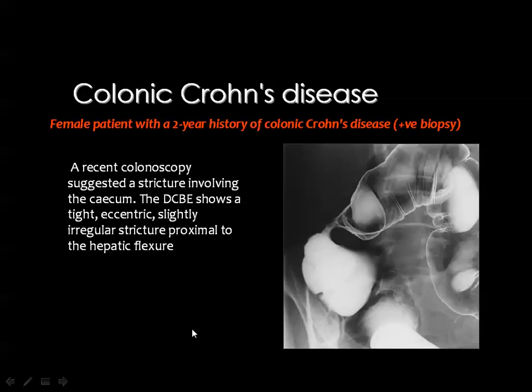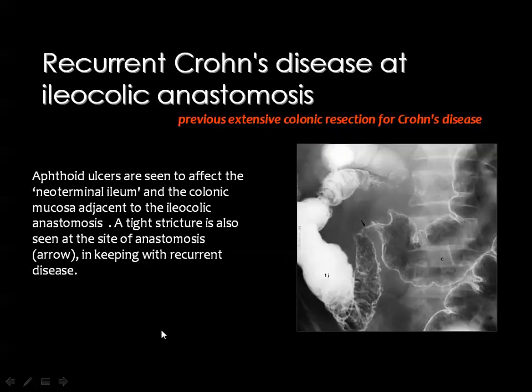Strictures may also be seen in Crohn's disease of the small and large bowel, and this is a female patient with positive history of Crohn's disease, and the colonoscopy suggested the presence of a stricture, and the suggestion was confirmed by barium enema, as you can see here. And this patient had an ileal transverse anastomosis following excision of the small and part of the large bowel for the treatment of Crohn's disease.